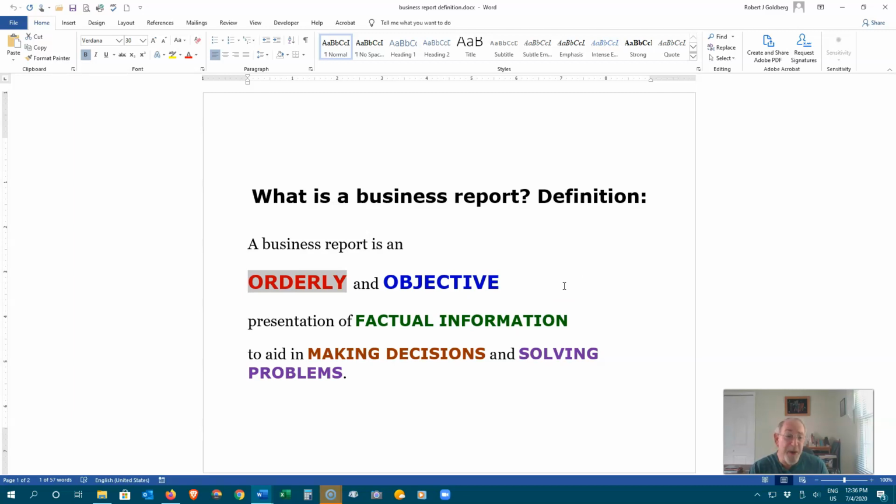A synonym is organized. What does organized mean? Basically, it means that everything is in its proper logical place. Being orderly or organized means information is easy to find.